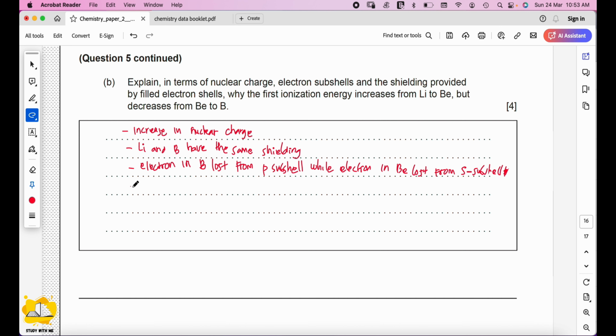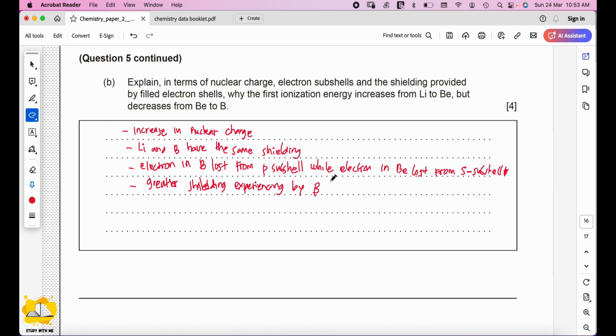And the other reason, greater shielding experienced by B. This blocking effect reduces the effective nuclear charge experienced by the outer electron, so making them less tightly held by the nucleus.